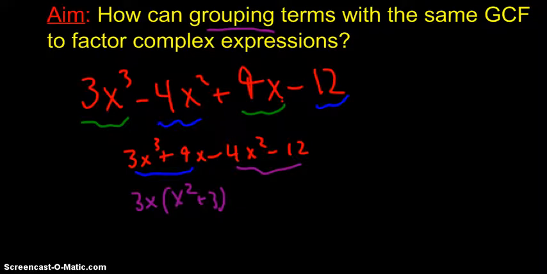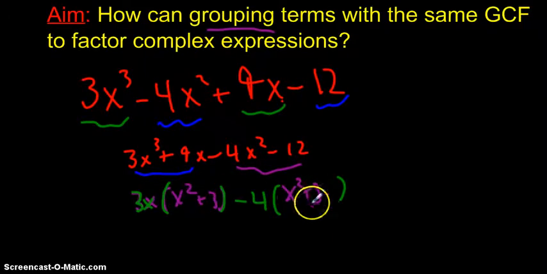Let's do that in another color maybe. Make sure this is clear. GCF is 3x. Okay, the GCF of these 2 terms is negative 4 and has a remaining portion of x squared plus 3.